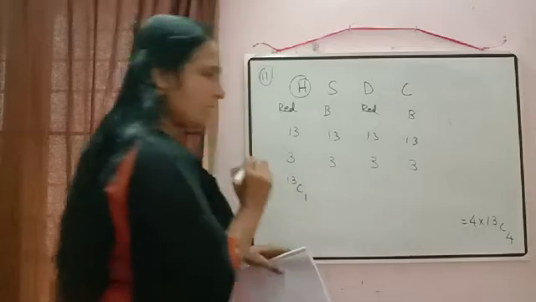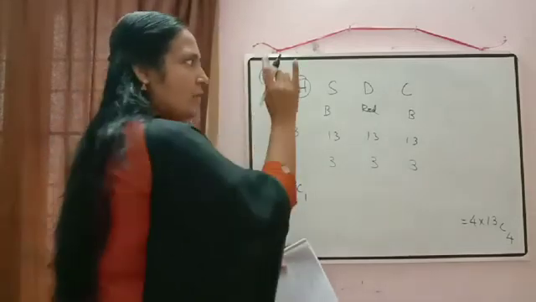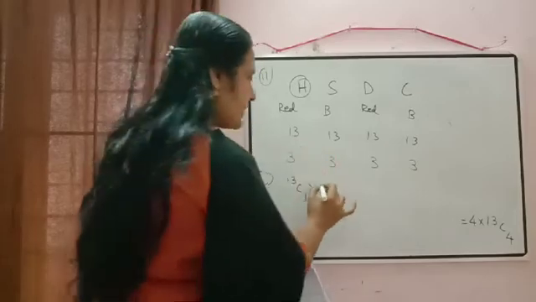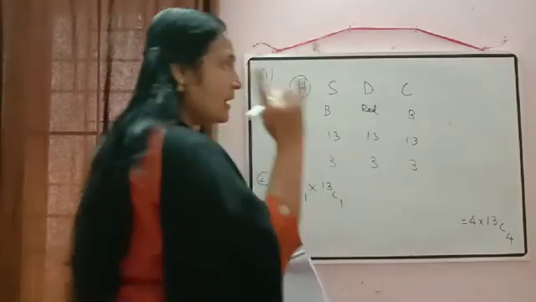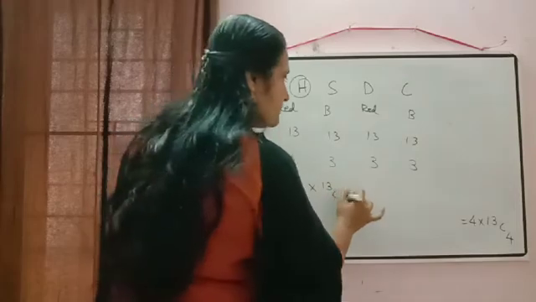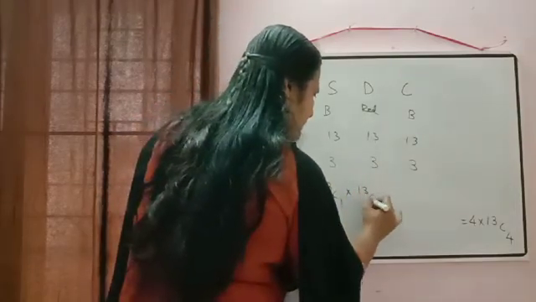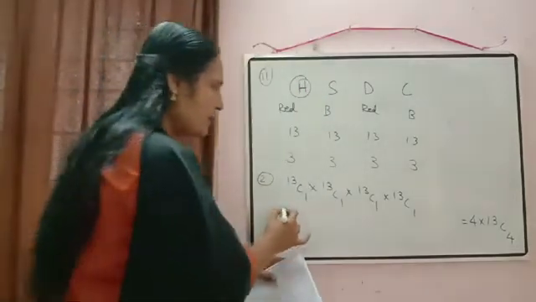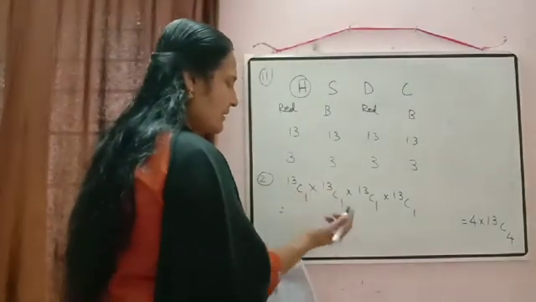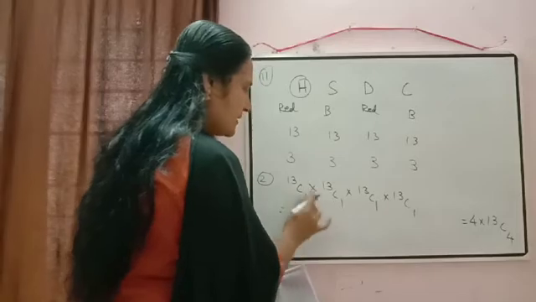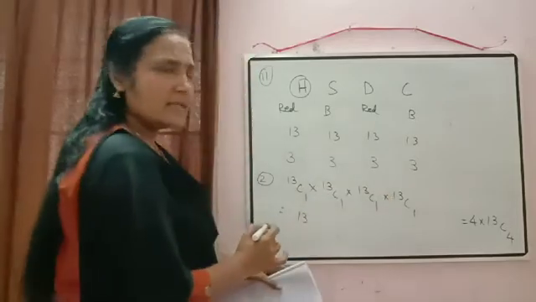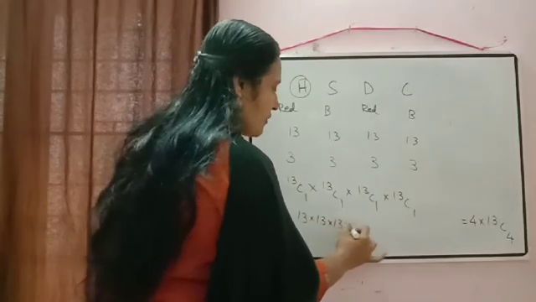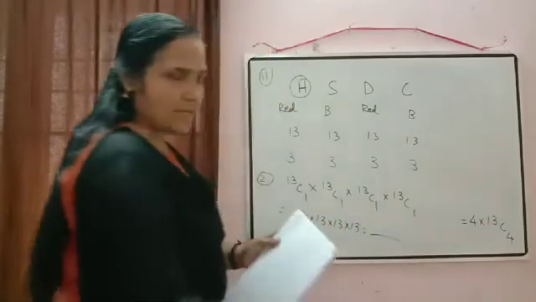So from 13 I need one card. And I want one from spade. If "and" is there, what will we write? Multiplication. Again from here also I need one card. And I need one from diamond. So into 13C1 into 13C1. What is the value of 13C1? 13 by 1, which is equal to 13. So in all we get 13 only. How many times do we have to multiply 13? 4 times. So just do the multiplication here.